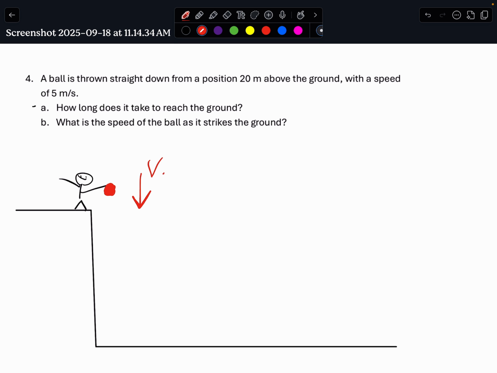So that's V naught. Then you need to decide on a coordinate system. Usually that coordinate system is centered on the object in question. It doesn't have to be, though. So here's my coordinate system.